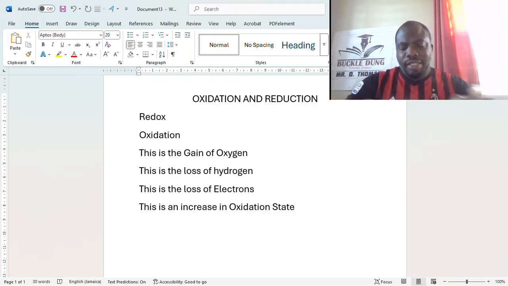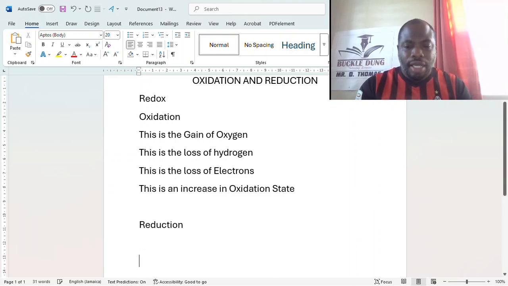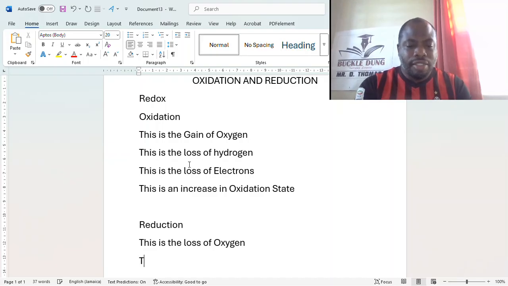Last week, we ran through the rules of how we assign oxidation number. And so we're not going to be doing that a little bit. So we're just going to jump to reduction. And reduction, this is the loss of oxygen.